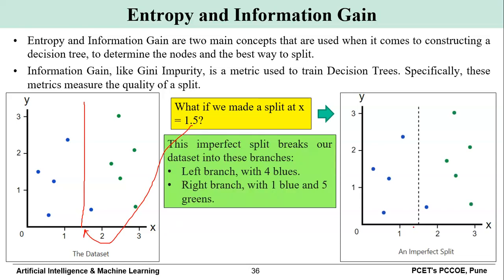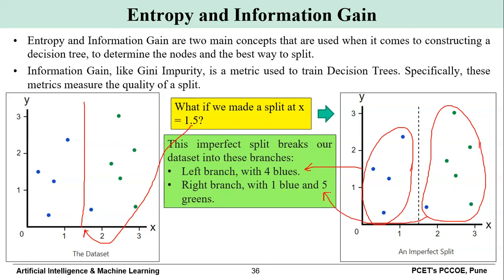When you split the data, on the left branch there are 4 blue dots, and on the right side you will see one blue and 5 green dots. So this is how we divide the data set into two branches.